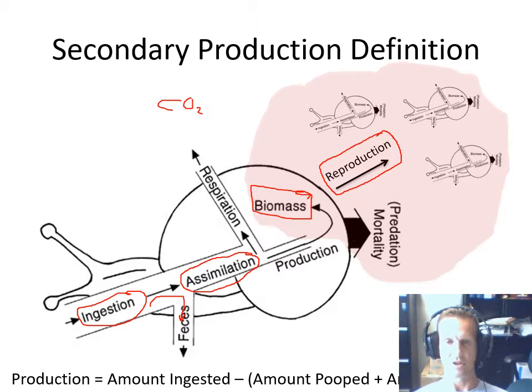Basically, you've created new snail mass, either in the form of a larger snail or a bunch of baby snails, and that would be your secondary production of snails. And some of those snails that are produced may be eaten, but that's just how it goes. That's still considered part of the secondary production, even though it may not last long before getting eaten by a snail kite or some other organism that eats snails.